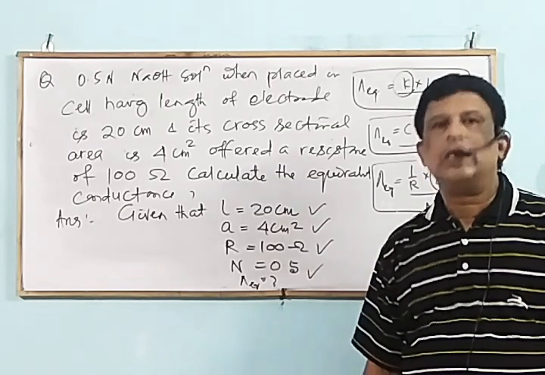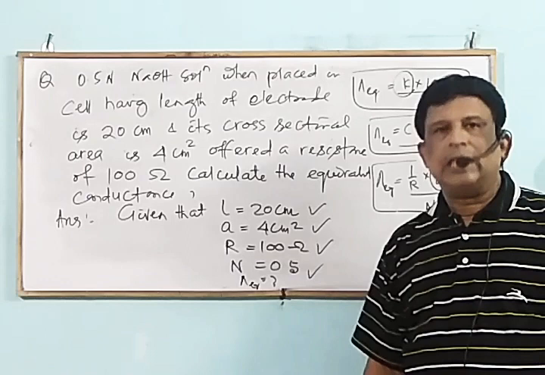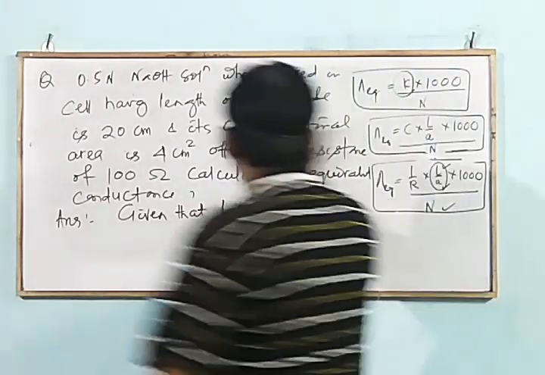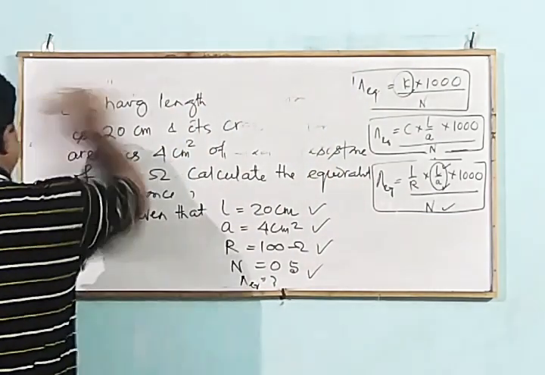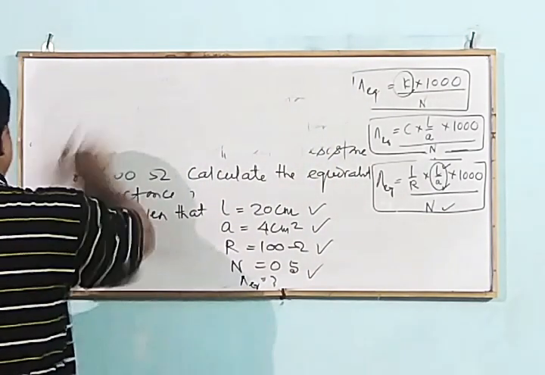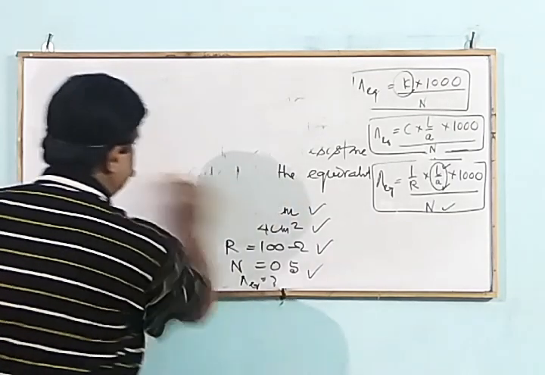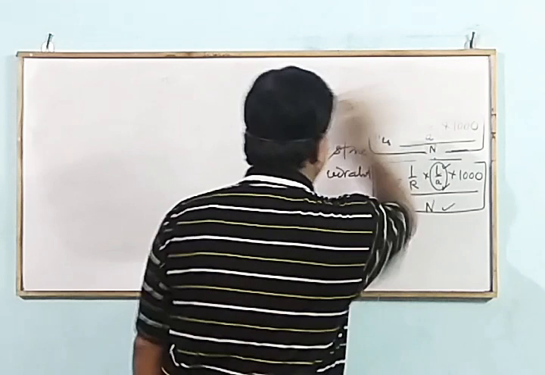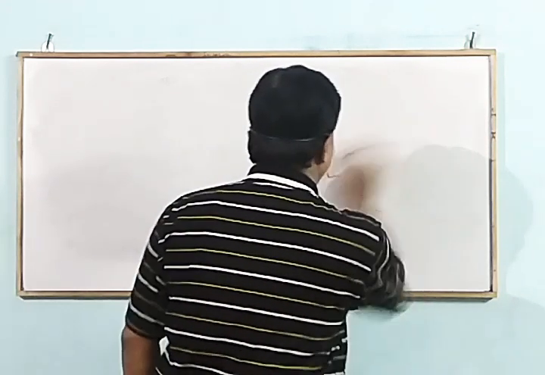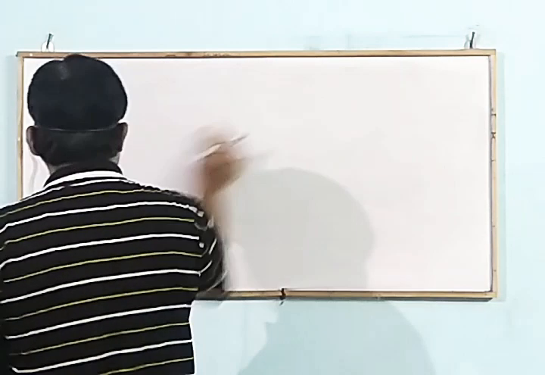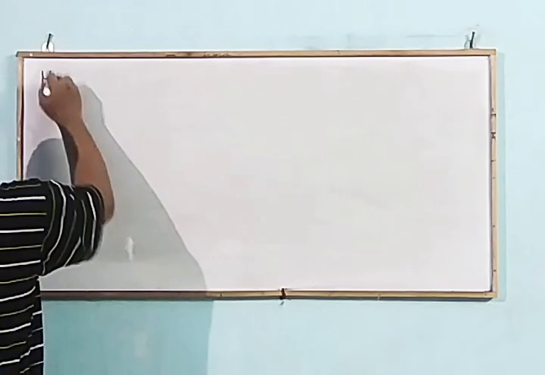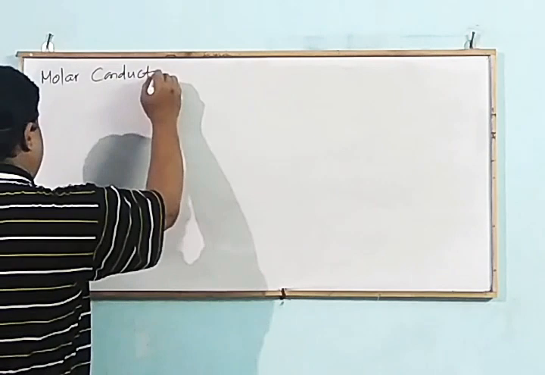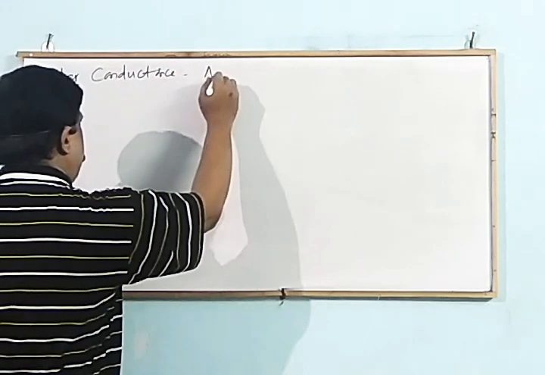Next we switch over to another term, that is known as molar conductance, symbol lambda mol.